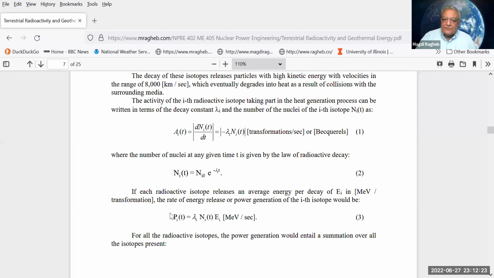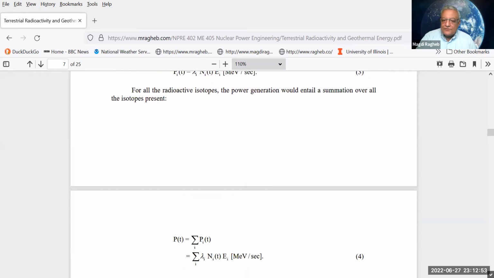So in that case, you multiply that activity by E sub i, the energy release per disintegration, and you get the power released in million electron volts per second, because here we had transformations or decays per second. You multiply by energy, million electron volts per transformation, and it becomes million electron volts per second. Energy per unit time is power. So in fact, this is the power generated by each isotope in the Earth's crust.